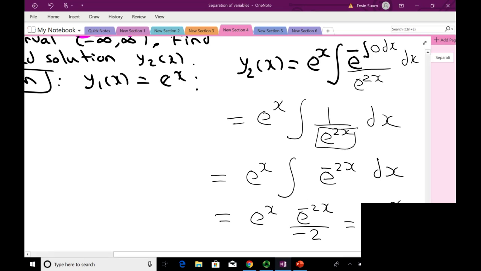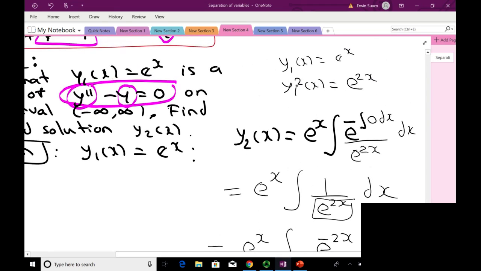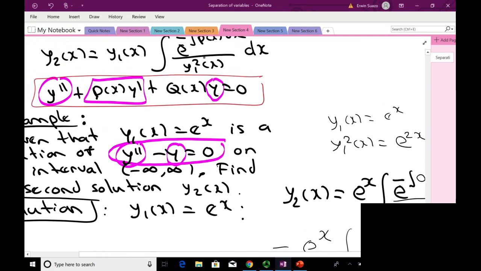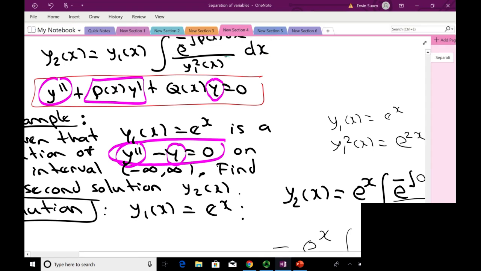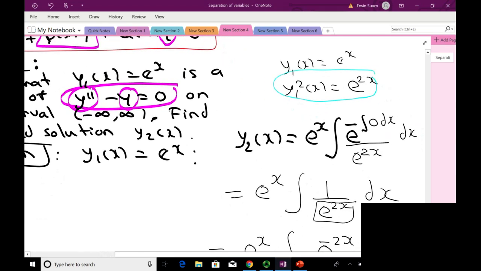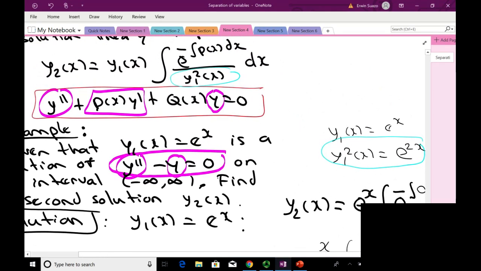Because the formula says y1 squared over y1 squared, so y1 squared of x is e to the 2x. As long as the equation looks like that, that's your formula to find the second solution when you have one solution. Okay?